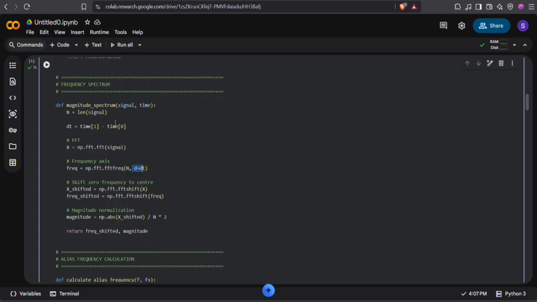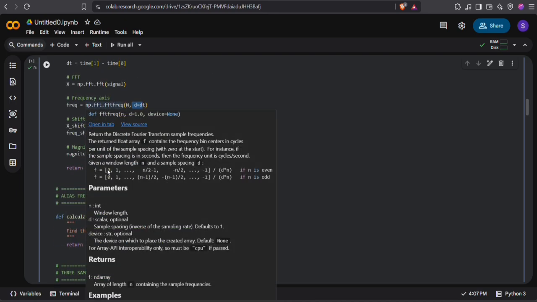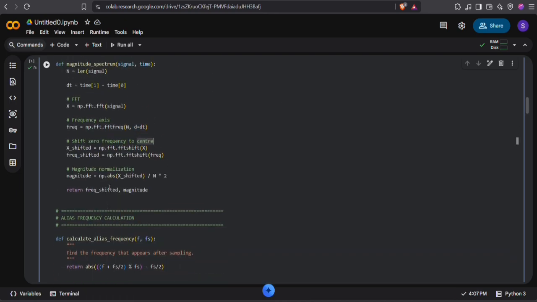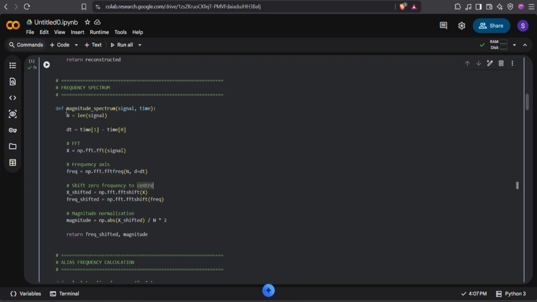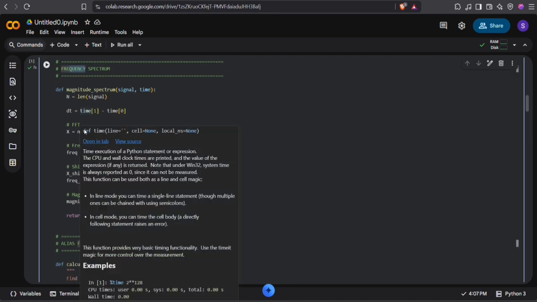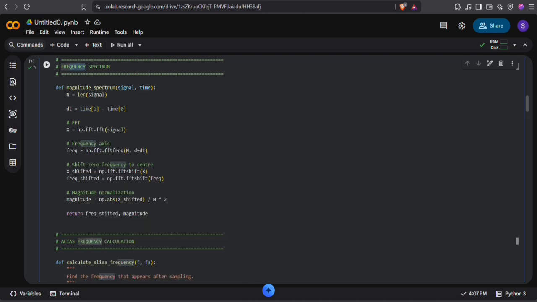Finally, I calculate the magnitude spectrum using the FFT. The FFT converts the signal from the time domain into the frequency domain, which allows me to see which frequencies are present in the original and reconstructed signal.